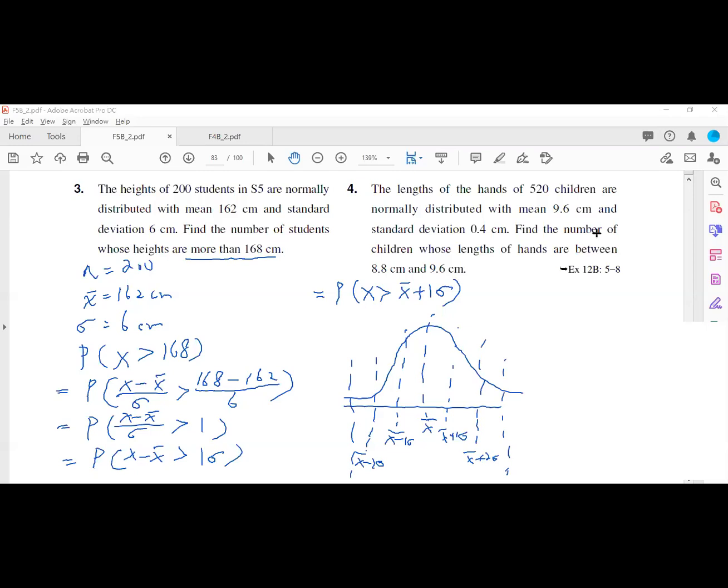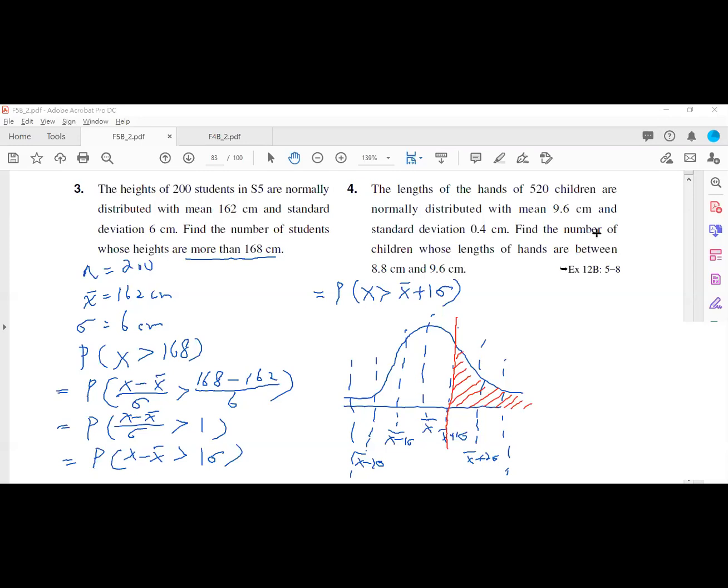The boundary line will be x bar plus 1 sigma. So that is this line. Okay, and I want the part which is larger than this number. On the graph, larger than this number means on the right hand side of that line. Okay, so that is this part. Everything on the right hand side of this line.